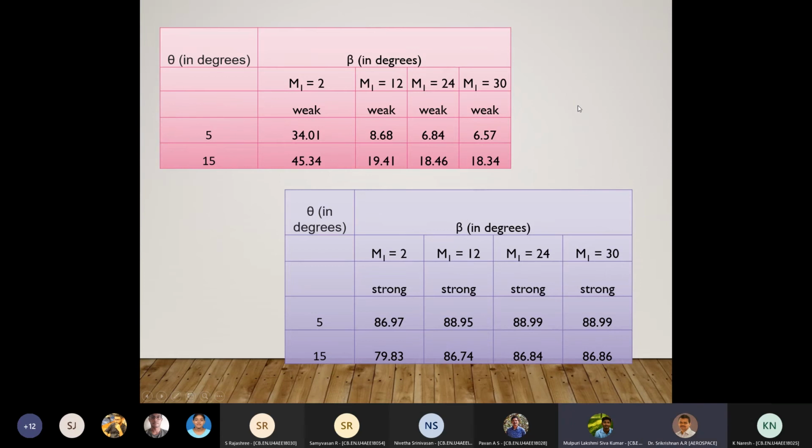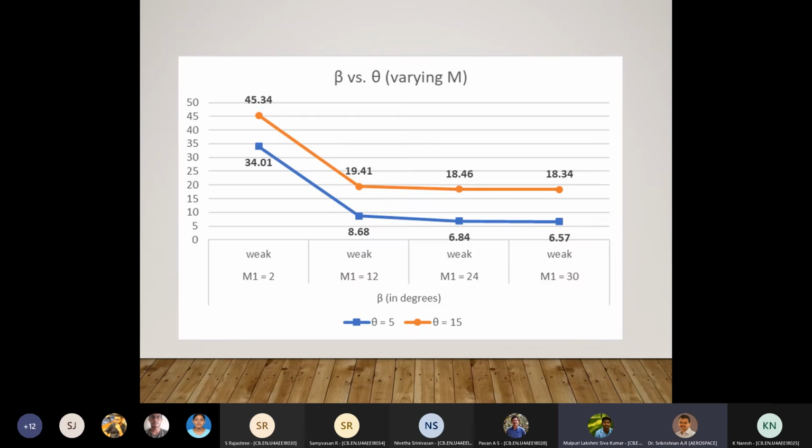And for a strong shock, it is the opposite: the beta value is increasing with increasing Mach number. Which you see in graphical form.